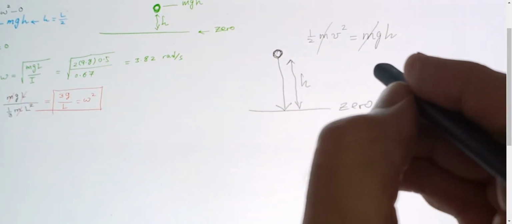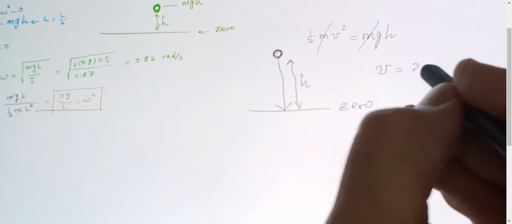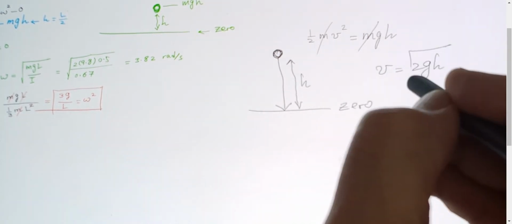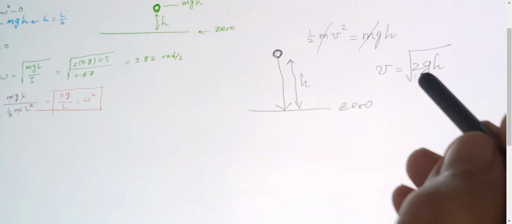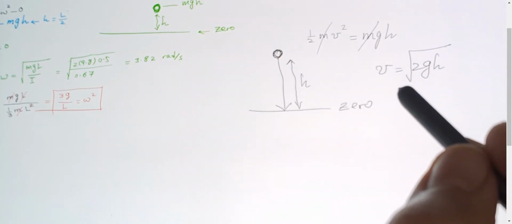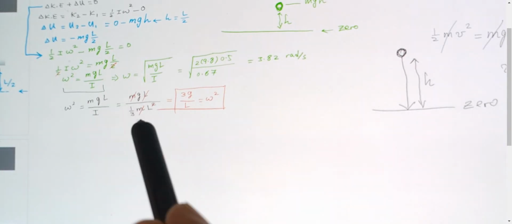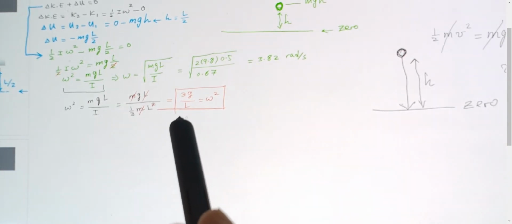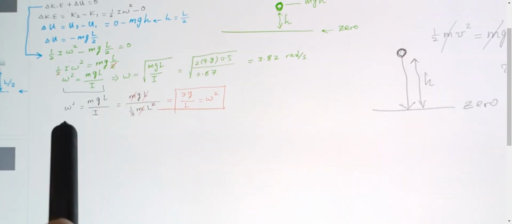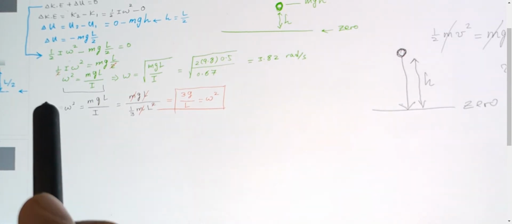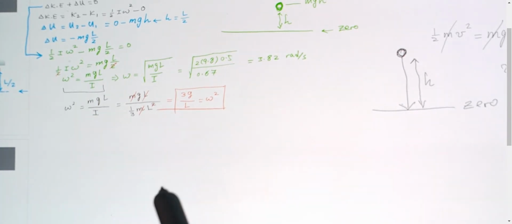So the final speed, and we did that so many times, does not depend on the mass. Exactly the same concept repeats itself here: I can calculate the final omega without knowing the mass.